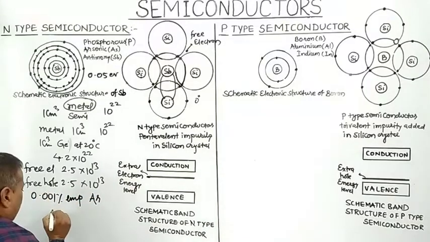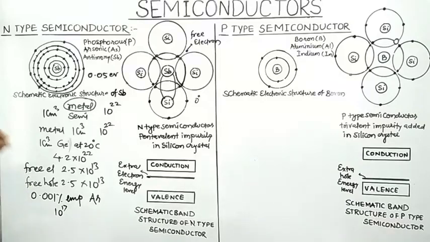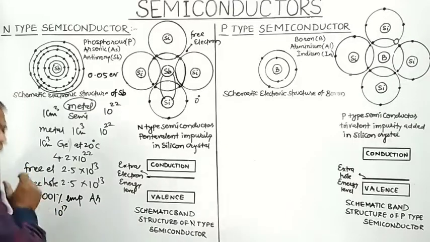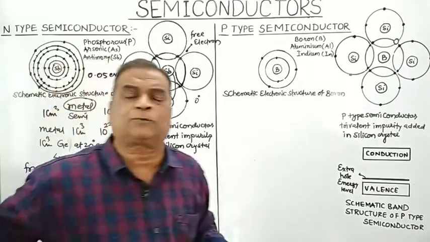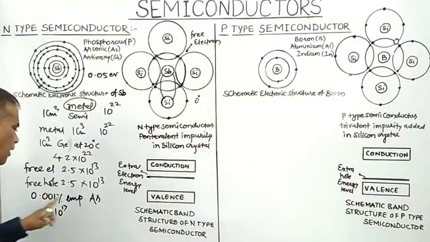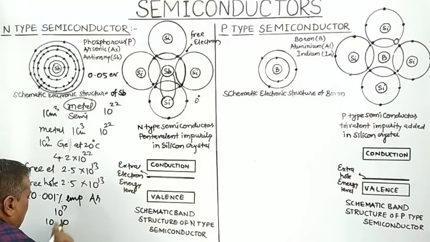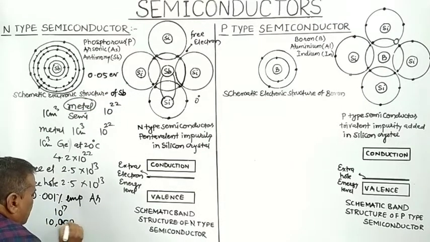It will donate 10 to the power 17. Such a large number of free electrons were donated by such a small amount of impurity to germanium, and thereby it will increase the electrical conductivity of germanium by a factor of 10,000.